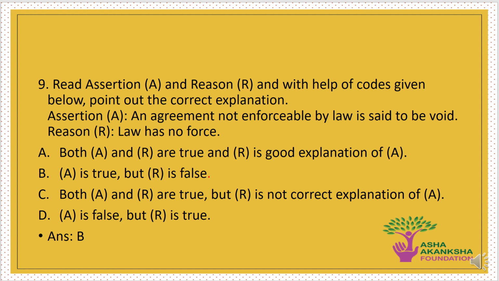B, assertion is true, but reason is false. C, both assertion and reason are true, but reason is not the correct explanation of the assertion. And D, the assertion is false, but the reason is true. The correct answer to this question is option B, that is, the assertion is true, but the reason is false.